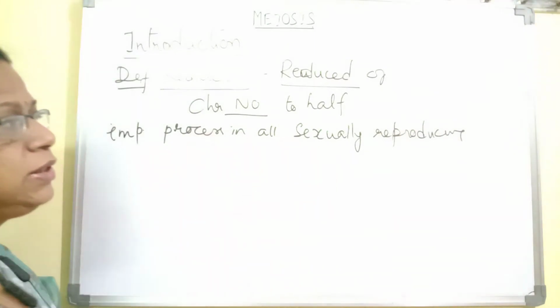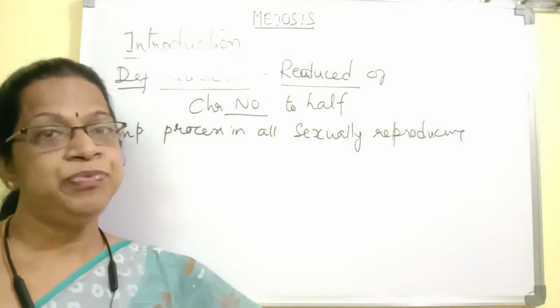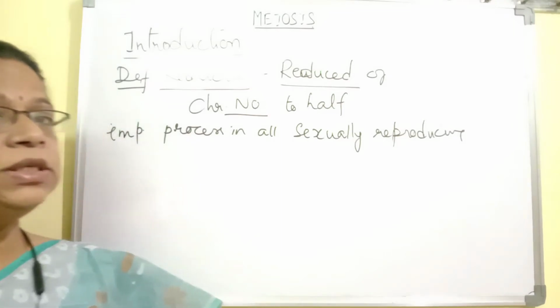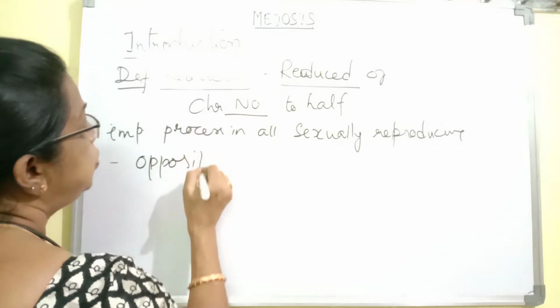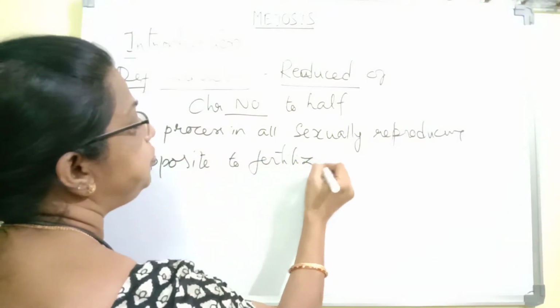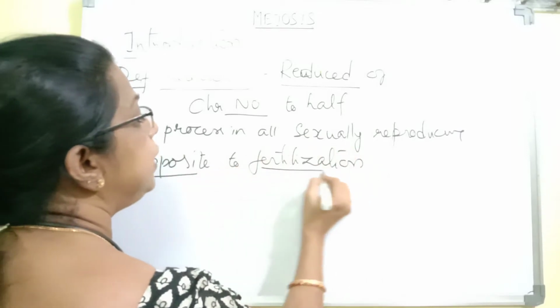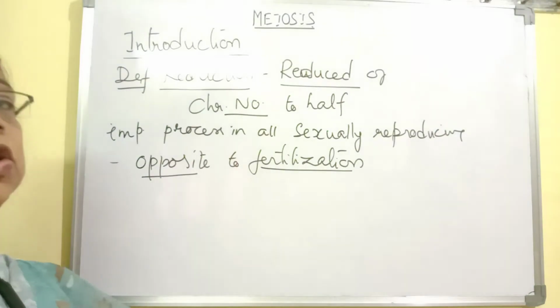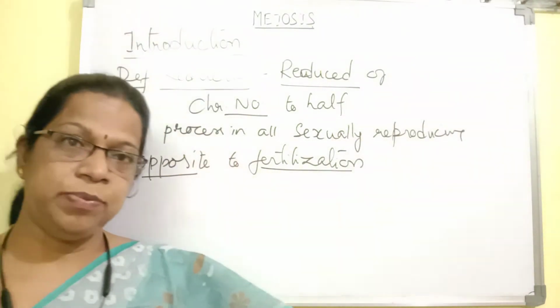So it maintains constant number in sexually reproducing organisms, and meiosis is considered to be opposite to the process of fertilization. Fertilization doubles the chromosome number and meiosis reduces the chromosome number.